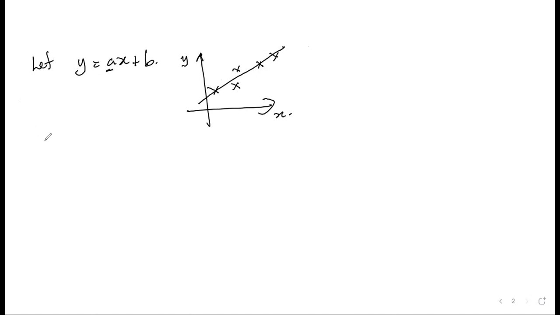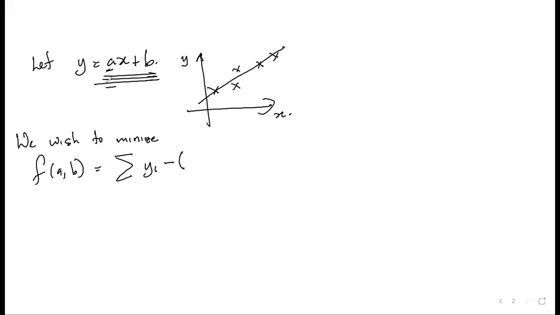So what we just said, we wish to minimize a function of A and B, which is equal to the sum of the y values minus y equals ax plus b.